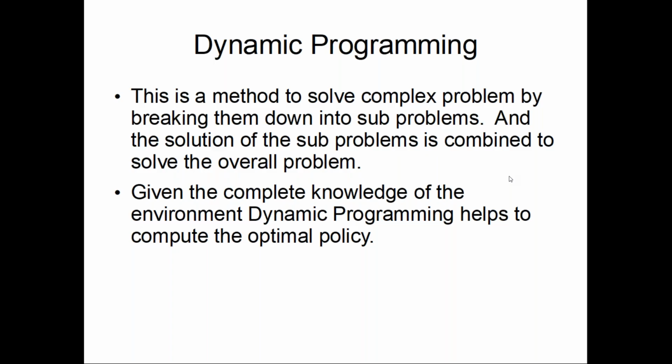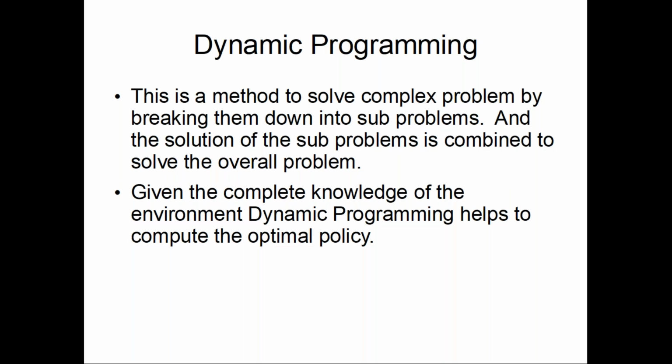That means, as I referred to earlier, complete knowledge of the environment: states, actions, rewards, transition probability, which we refer to as the MDP. So it's only a matter of finding the best pathway to the optimal policy.